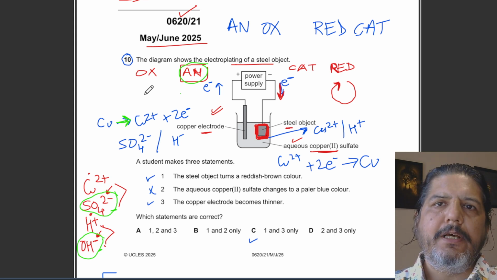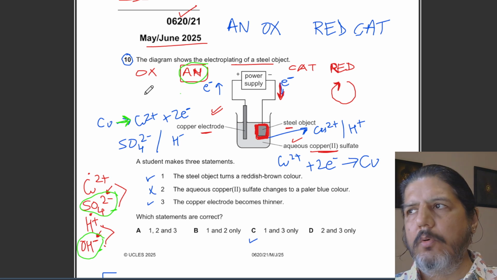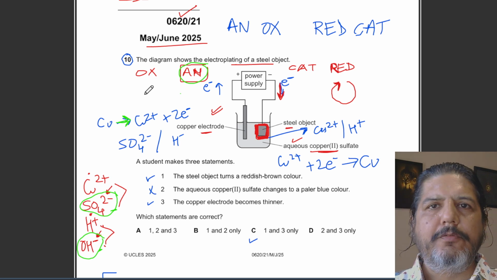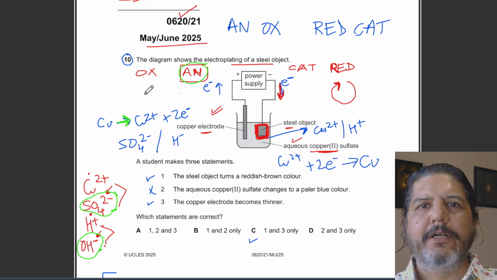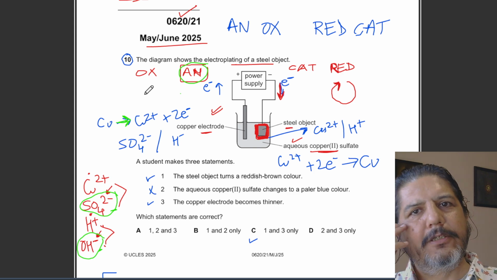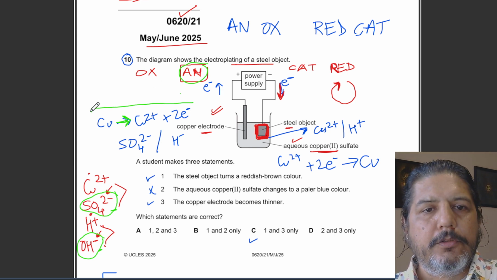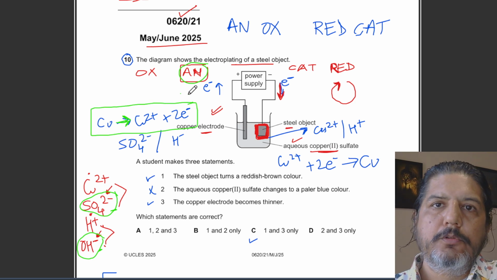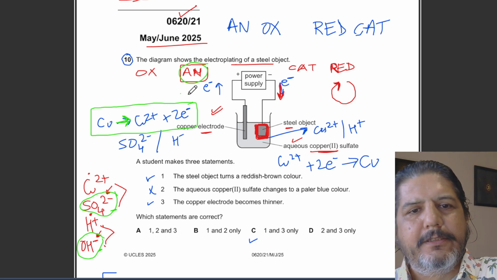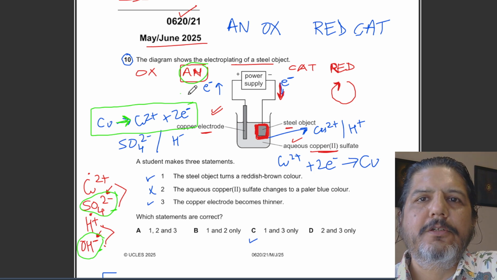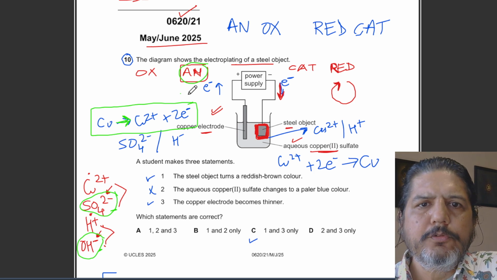If the electrode is an active electrode, then the process of discharging of ions gets hijacked by the electrode itself. So everything is decided by the electrode. In this case, the copper says, boss, you guys won't get discharged, I am getting discharged. So Cu becomes Cu2+ plus 2 electrons.